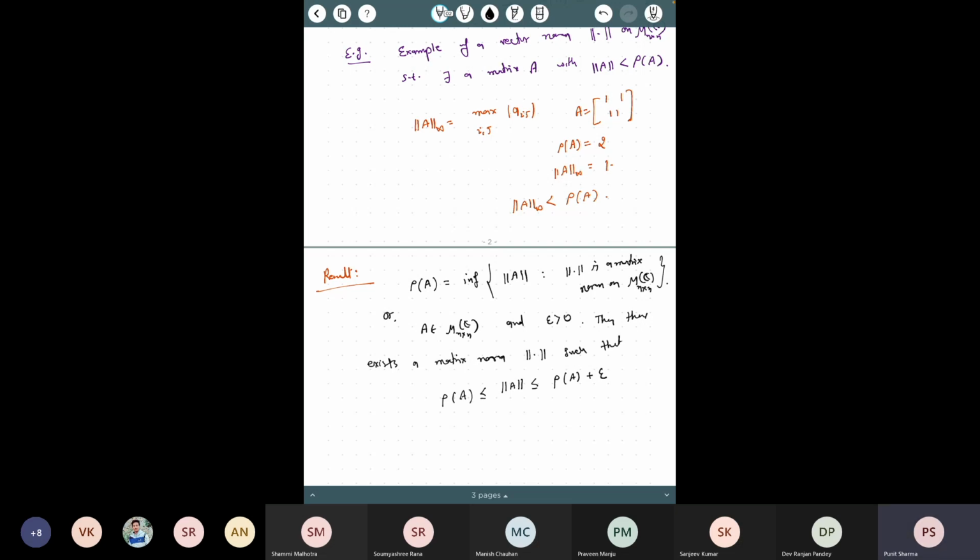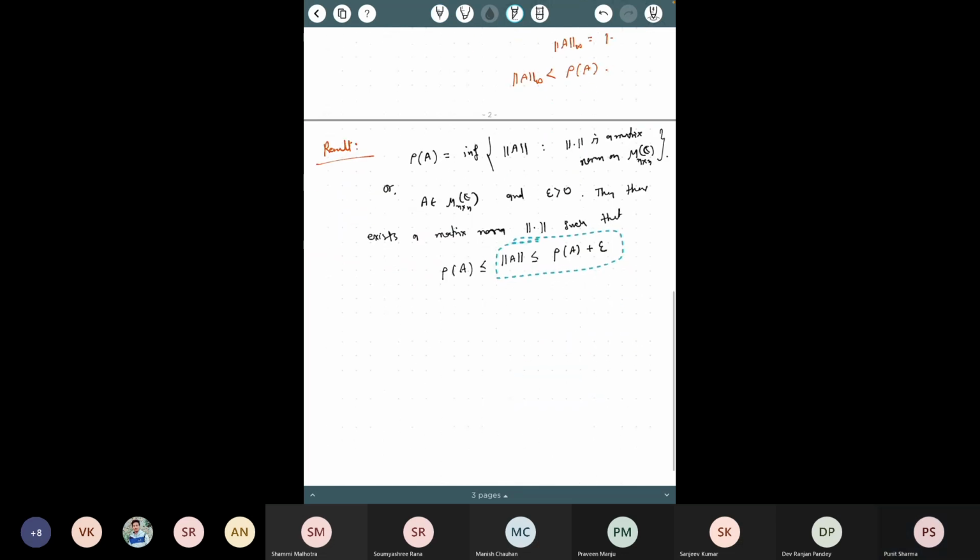So whatever epsilon I take, if I add this epsilon to rho A, then this cannot be a lower bound. So what does it mean? It means that there exists a matrix norm for which this inequality holds. So this is what we are trying to do next.